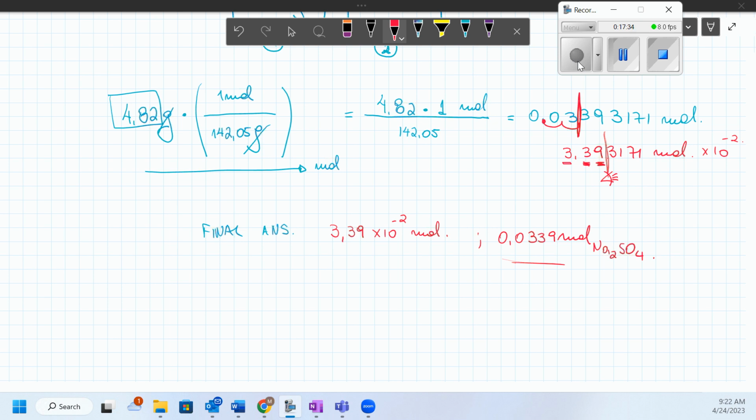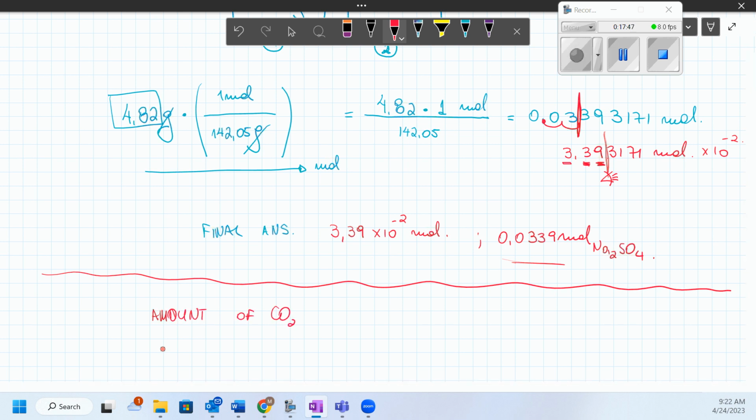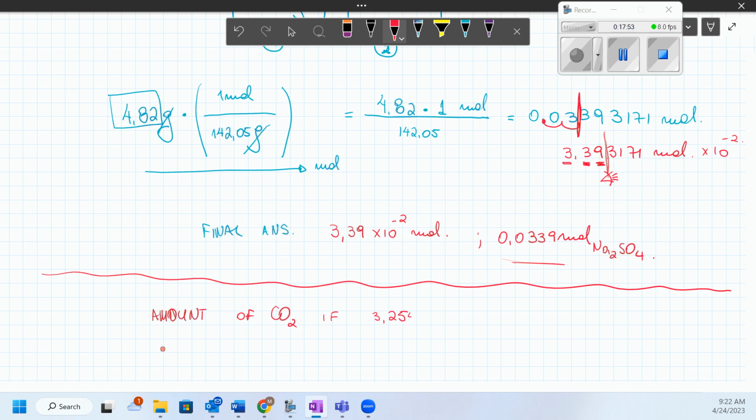So let's suppose that we have a question that is asking us what is the amount of carbon dioxide if 3.254 moles of carbon dioxide are collected.